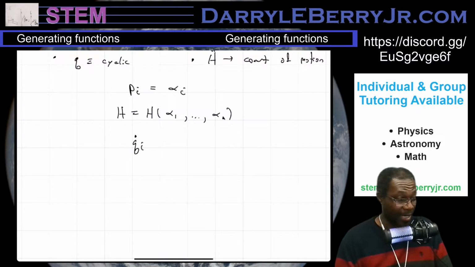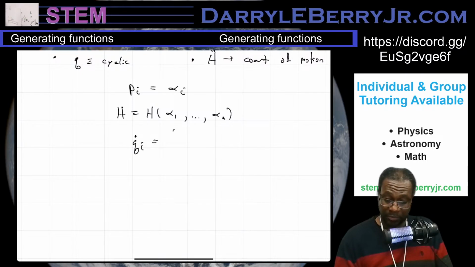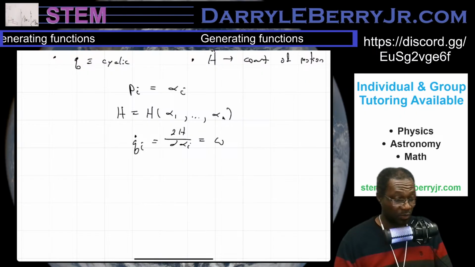Q dot i is partial H over partial alpha i equals omega i.